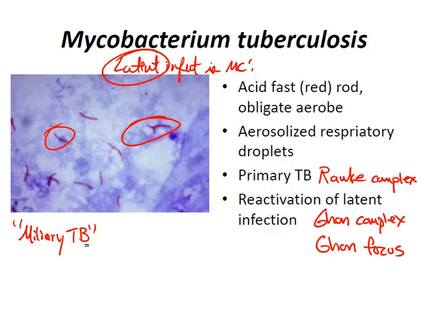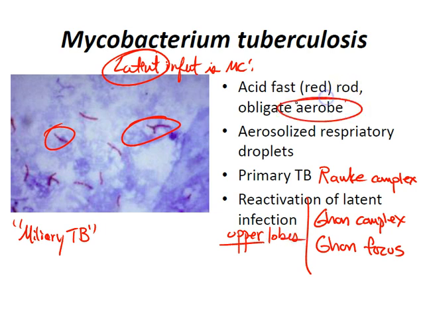On chest X-ray, you look for fibrocaseating cavitary lesions in the upper lobes. Why? Because TB is an aerobe. It wants to move up where there's oxygen. So you look for it in the upper lobes.